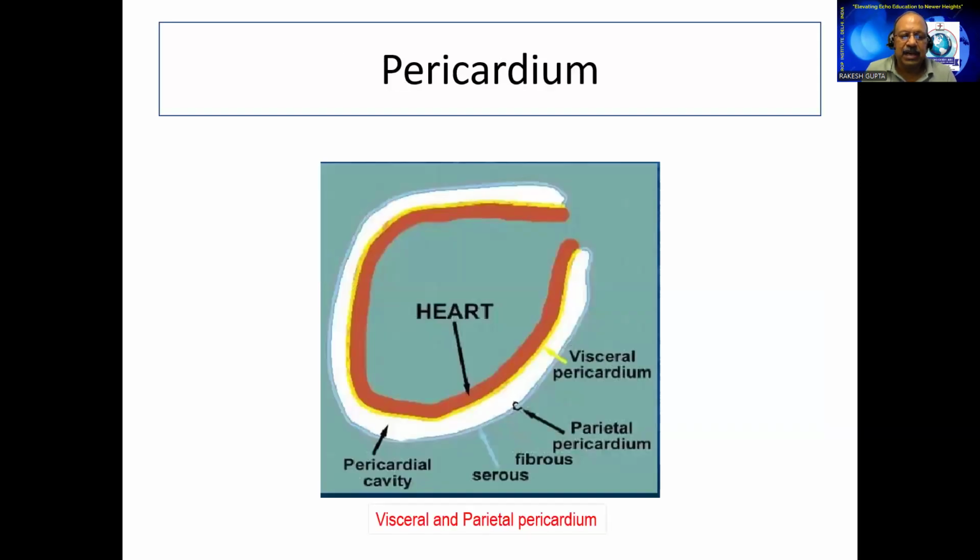All of us understand our heart is enclosed in 2 layers of pericardium, visceral and parietal pericardium. The closer one is the visceral pericardium, the distal one is the parietal pericardium, and in between these two there is a potential space which contains a potential fluid which helps in the movement, the contraction and relaxation of the heart.